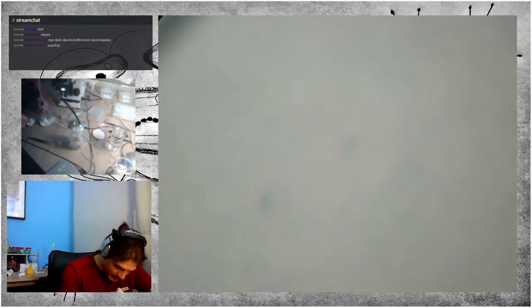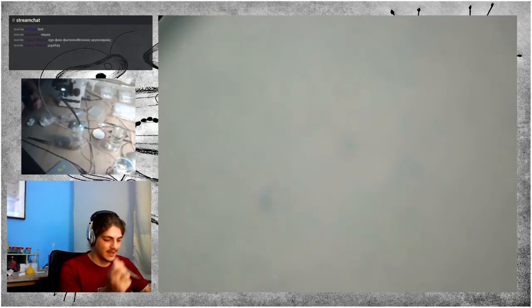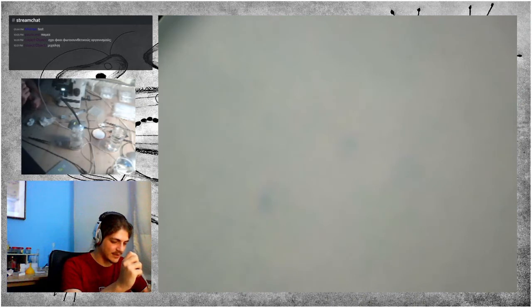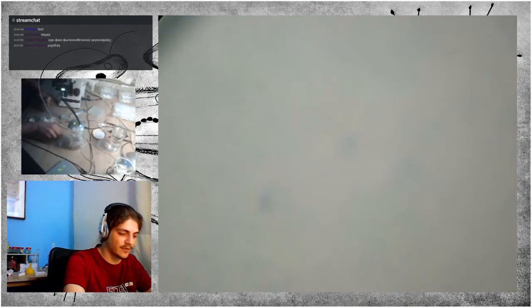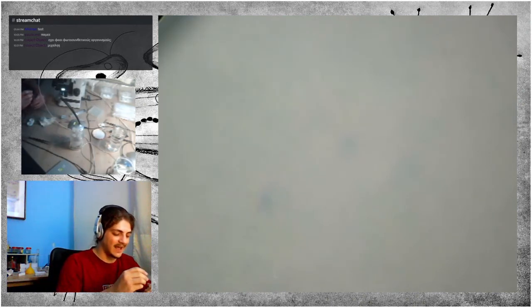The thinner the sample is, the more difficult it is for them to roam around and get out of focus, so you can observe them more easily.